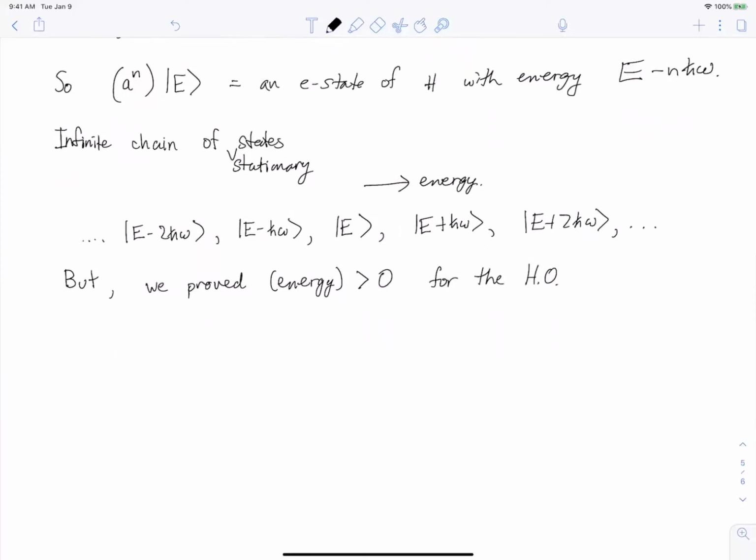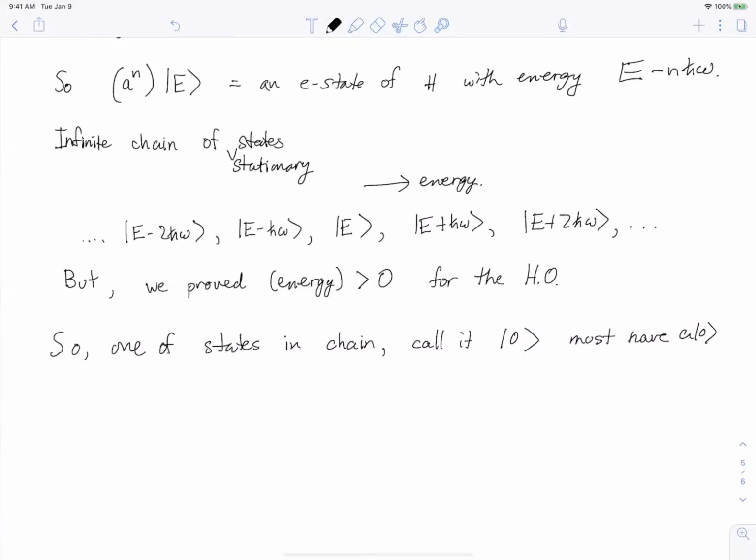In other words, one of the states in the chain has to be the lowest thing you can get that's not a null ket. Okay, so that means one of the states in the chain, not necessarily the one we started with, labeled E, so let's call it 0, must have A acting on it be the null ket. And by the way, the 0 here does not mean it's the null ket.